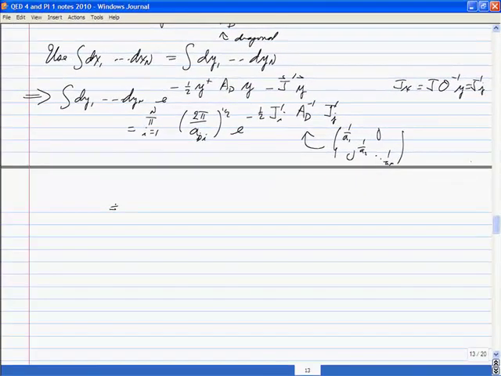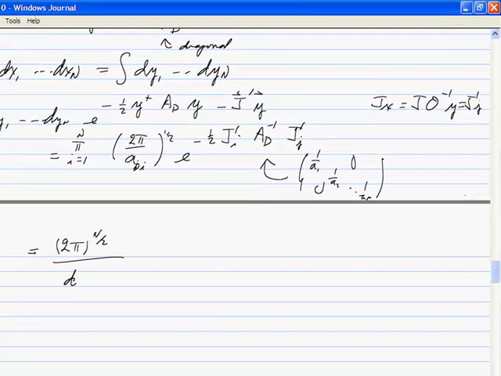We write this in a fancier form. The 2 pi's just become 2 pi to the n over 2. The product of the diagonal elements we'll write as the determinant of A diagonal. It's raised to the 1/2 power.